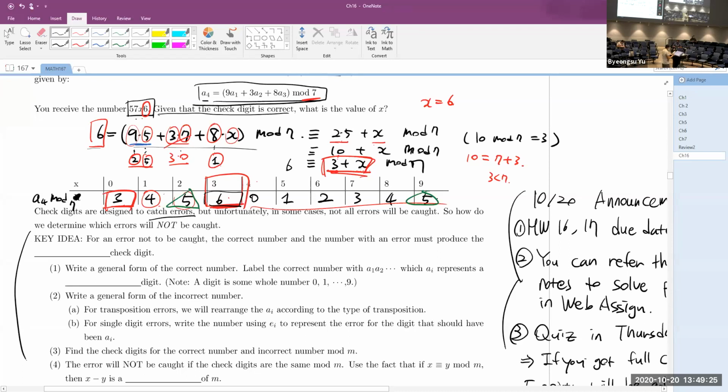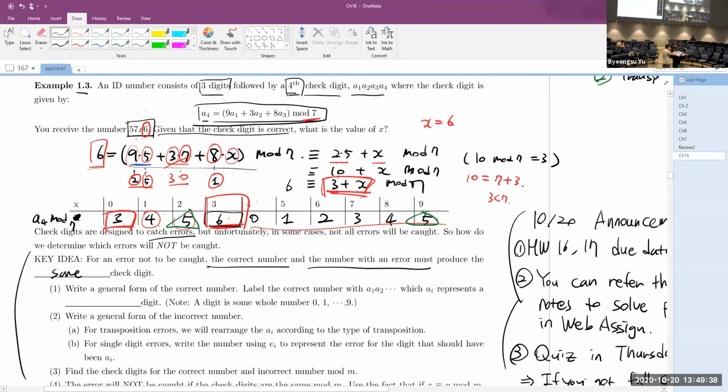The key idea is that for an error not to be caught, the correct number and the number with an error must produce the same check digit, right? Likewise, in example 1.3 with 5 instead of 6, 2 and 9 generate the same check digit, so it does not distinguish the error number from the correct number, right?